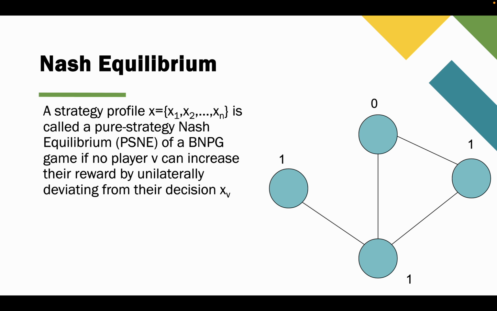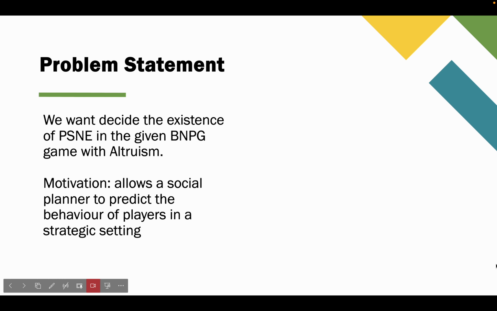So if other players have fixed their decisions, then the current player V does not gain anything by deviating from their decision. Consider this node, it's playing 1. If all the other players are playing as shown, then this player does not increase the reward by moving from 1 to 0.